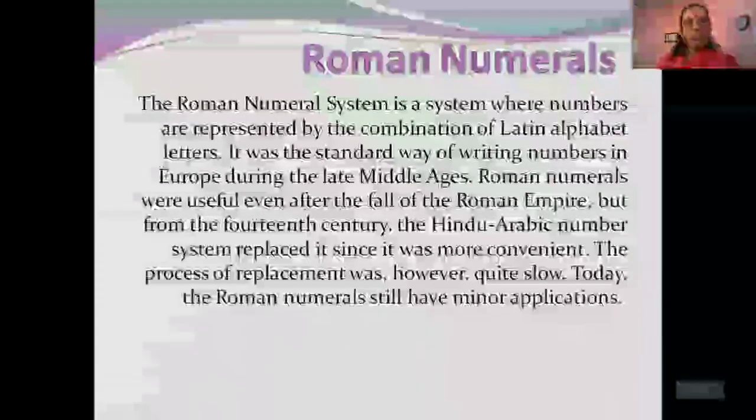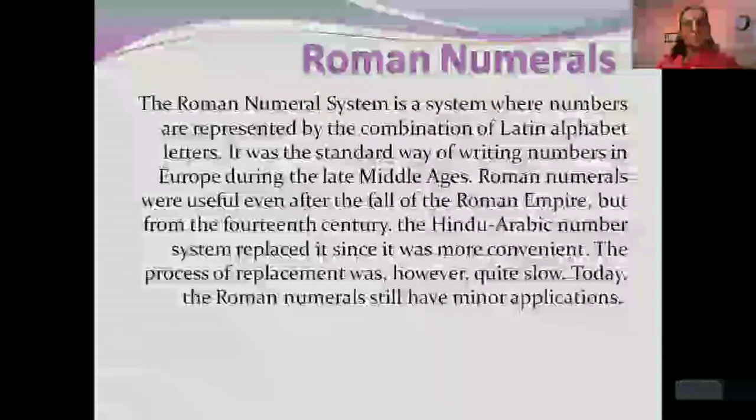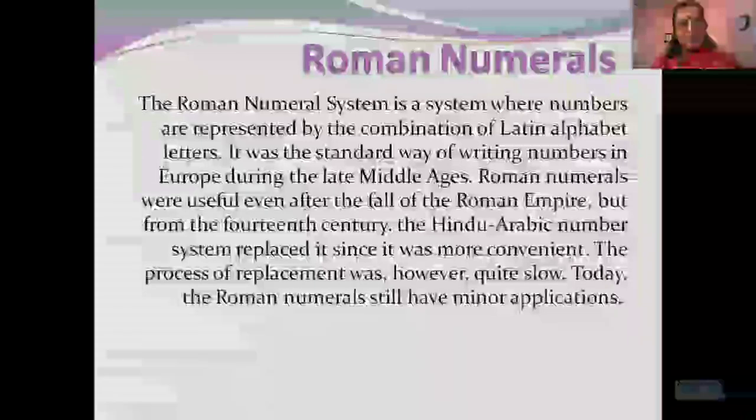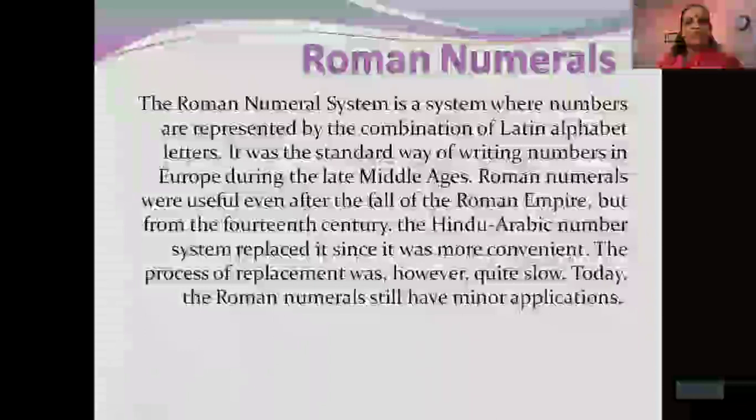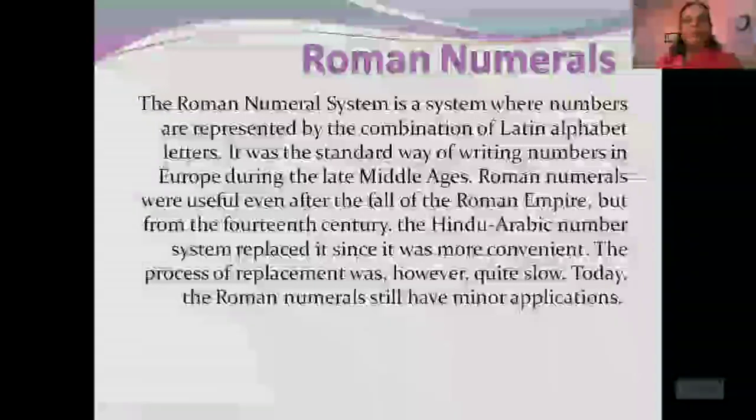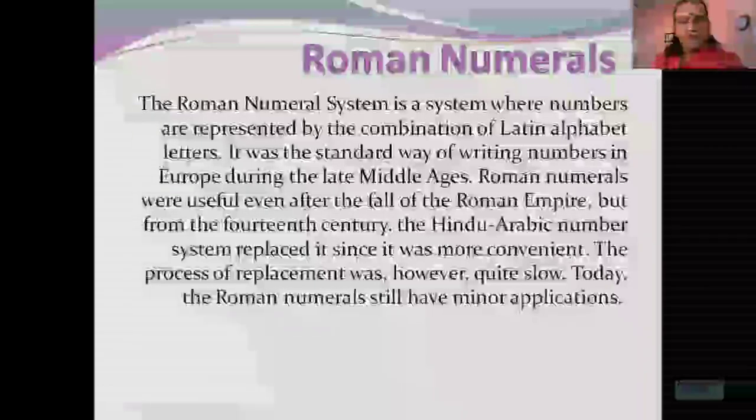The Roman numeral system is a system where numbers are represented by the combination of Latin alphabet letters. It was the standard way of writing numbers in Europe during the late Middle Ages.